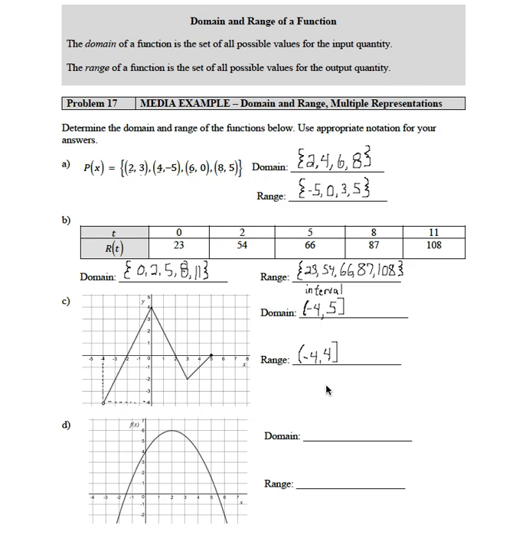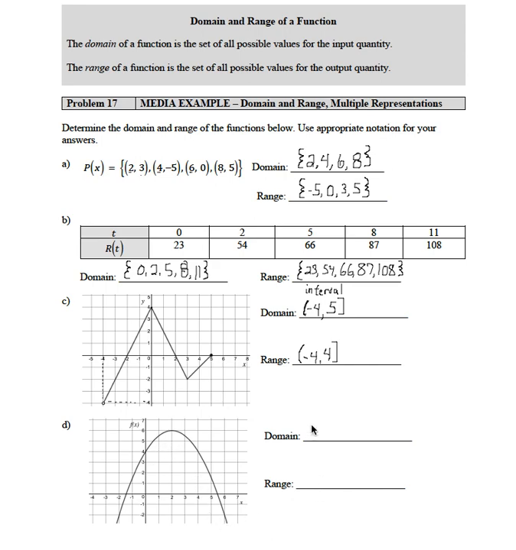So let's try another example and see if it helps you understand a little bit better. For this one, the domain, we have to understand that this graph continues as far as it can go from the left on the x-axis and then all the way to the right. All of these values are being used to generate ordered pairs on this graph.